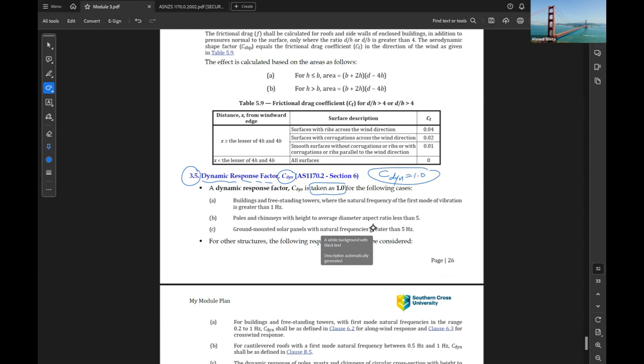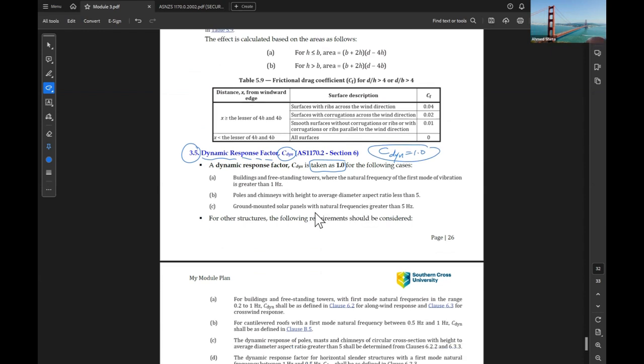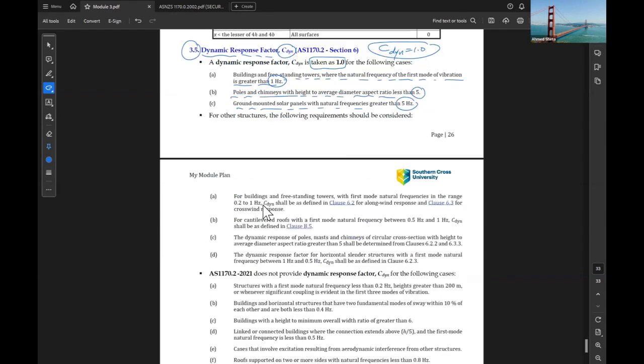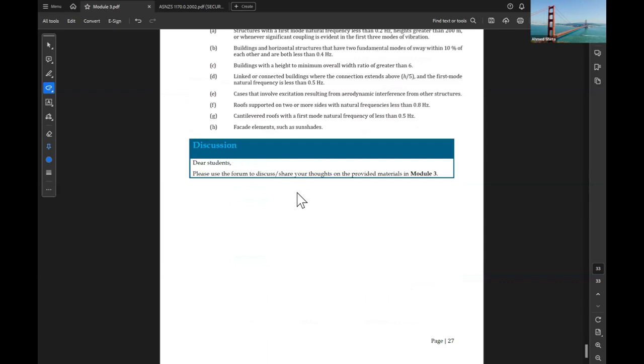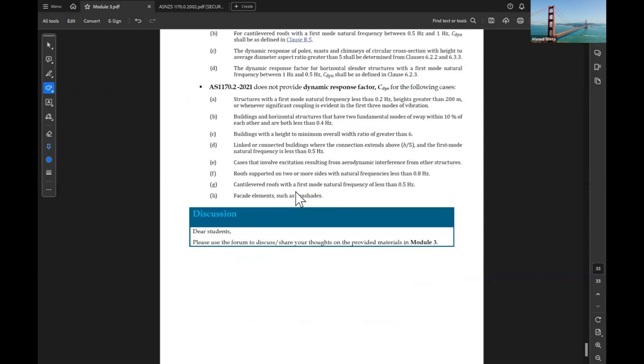C dynamic shall be considered for buildings and freestanding towers whose natural frequency is greater than 1 hertz, poles and chimneys with height to average diameter less than 5, and ground-mounted solar panels with frequencies greater than 5 hertz. Okay, so this is generally what we need in this calculation for wind.